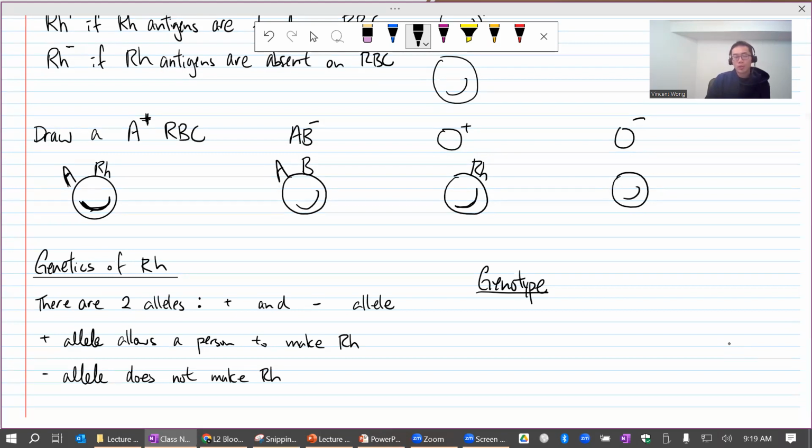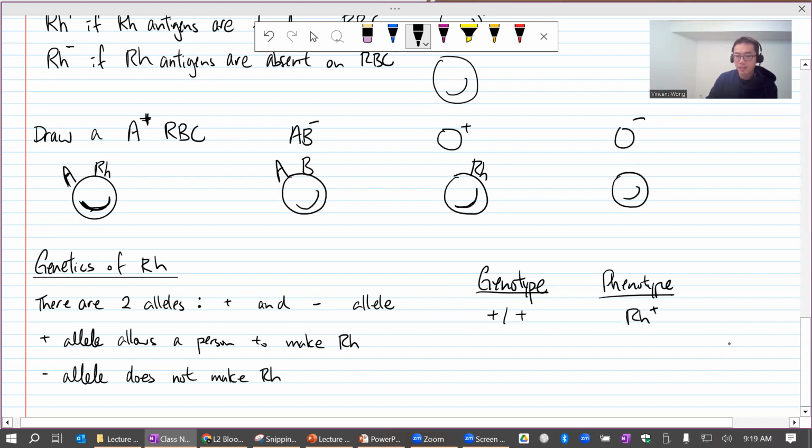So 2 alleles, 3 possible genotypes. You can be positive, positive. That means both of the copies are positive. That just means you can make RH, right? So the person would be RH positive. Okay.